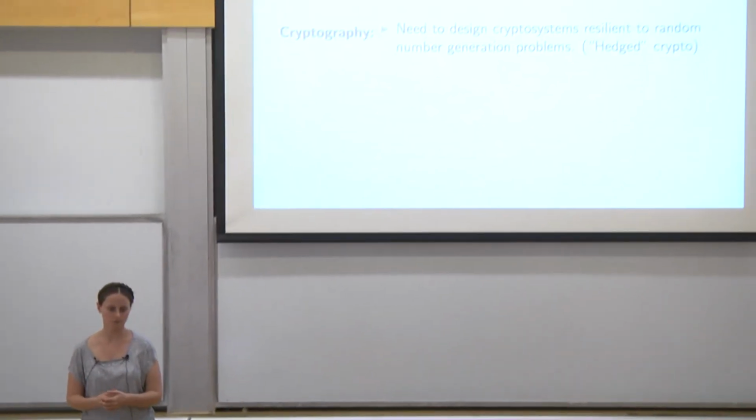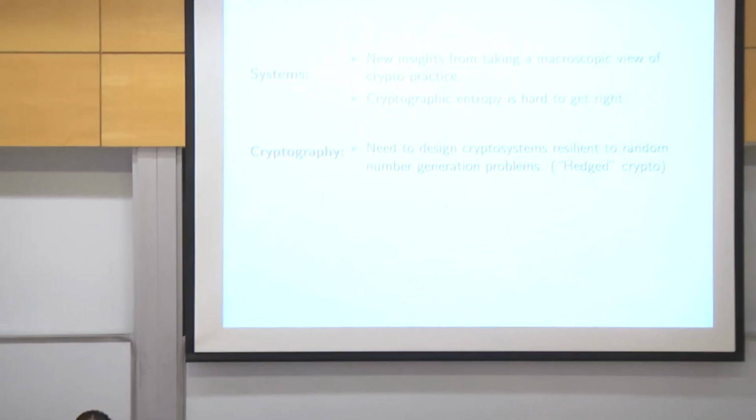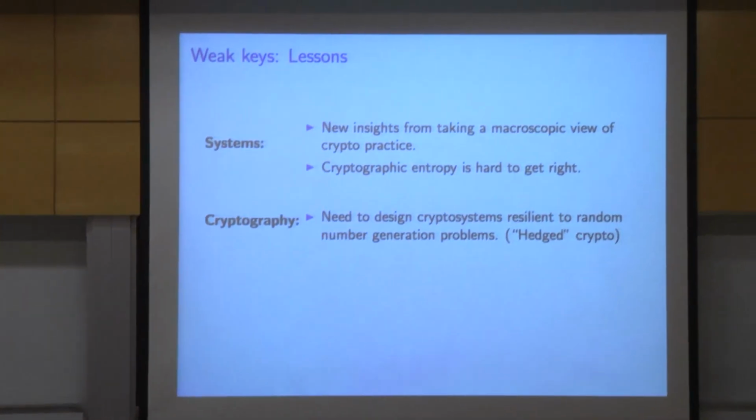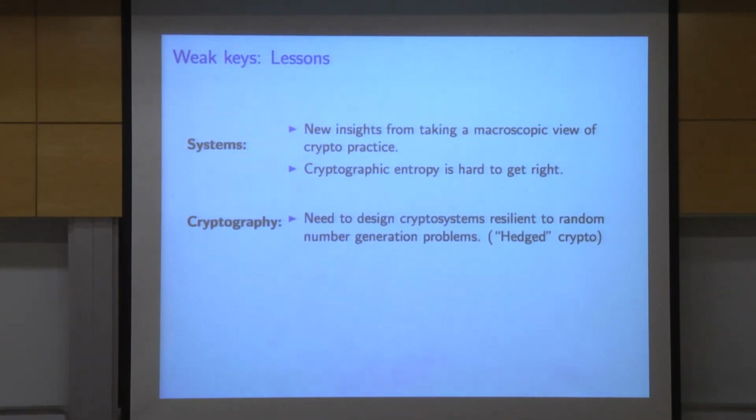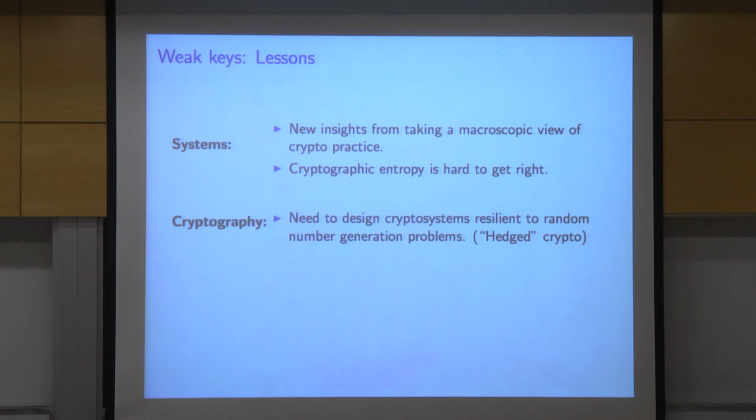In particular, for random number generation problems, there's been some work in the academic crypto community on hedged public key crypto systems, which try to take advantage of any entropy that they have access to, for example, from another party in a cryptographic computation. In terms of systems in practice, this is a useful design criterion.